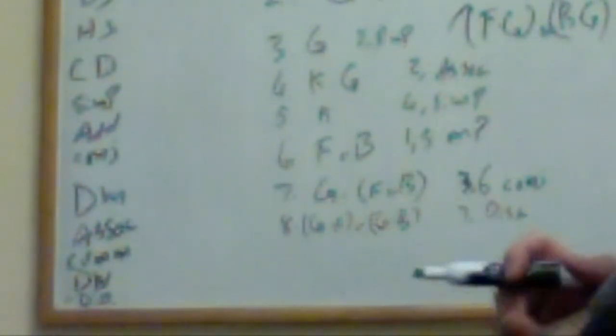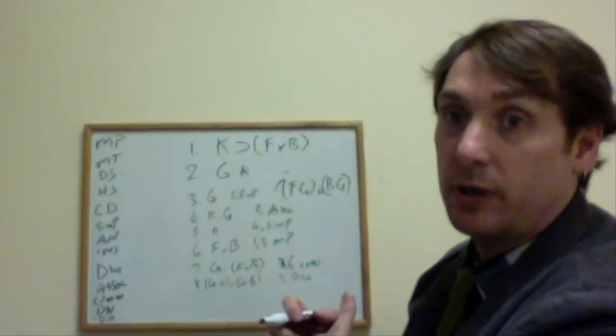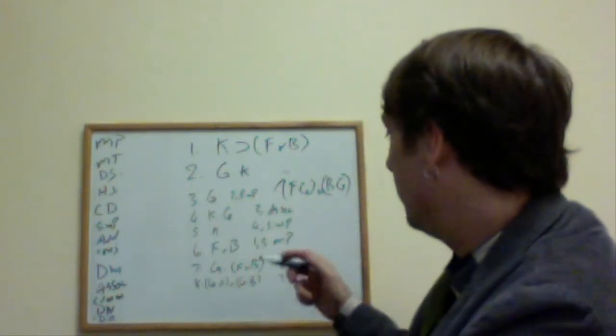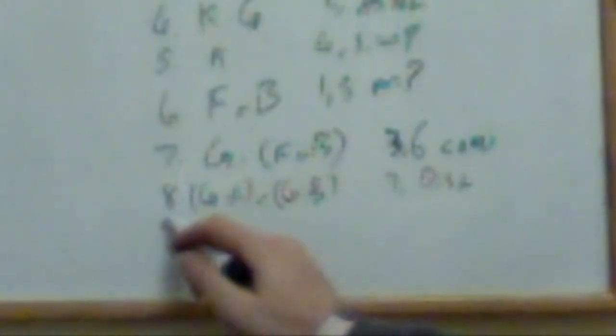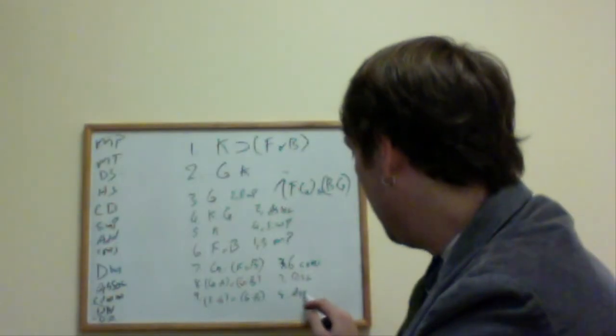Okay, so now we're almost done. We have the conclusion basically, but we just need to put it in the right order to make sure that we've got everything done correctly. If we just stopped here, we wouldn't be finished. So now we write line 9, and let's reverse this one first. So we write (F dot G) wedge (G dot B), and we got that from line 8 by commutativity.